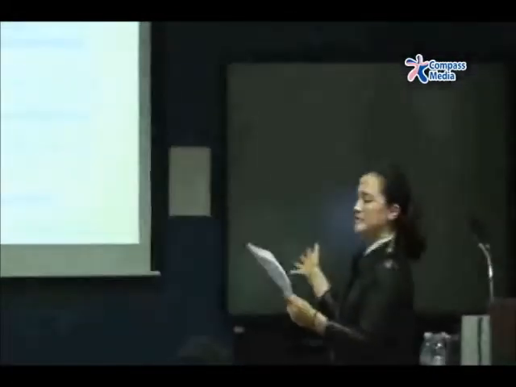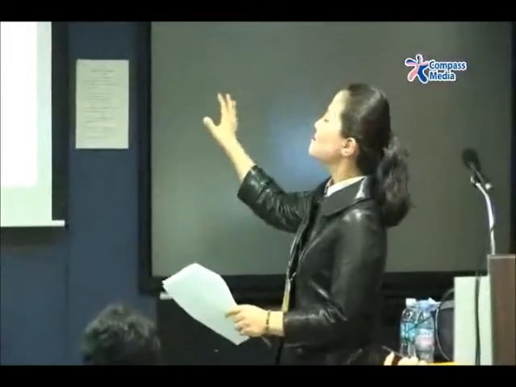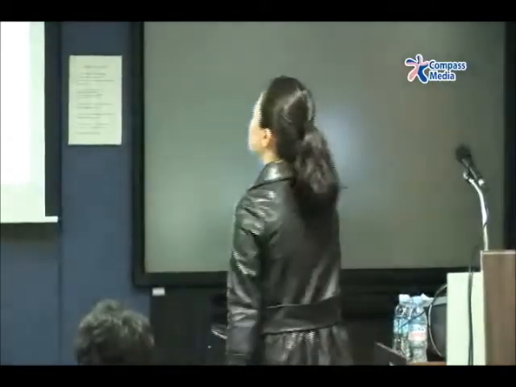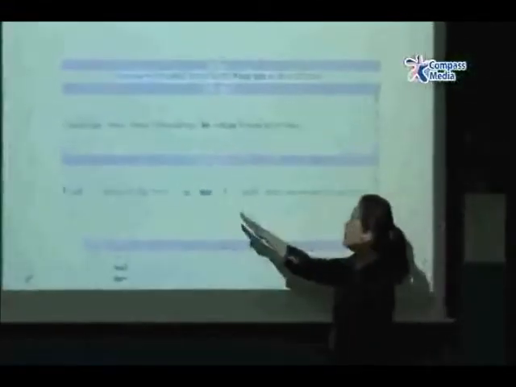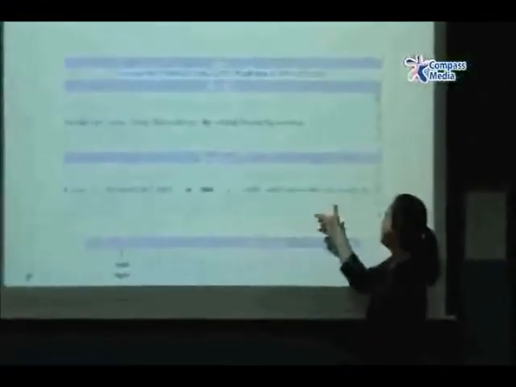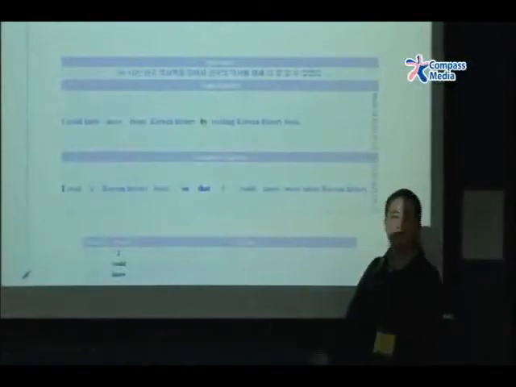Now I want to share some of the students' practice results so we can see how it works. The problem is I find it adopts mechanical or automated correction. Only if the students make exactly the same sentence pattern will they get a perfect score. Otherwise, they won't. Let's see. The teacher's answer on this program is: I read a Korean history book so that I could know more about Korean history.